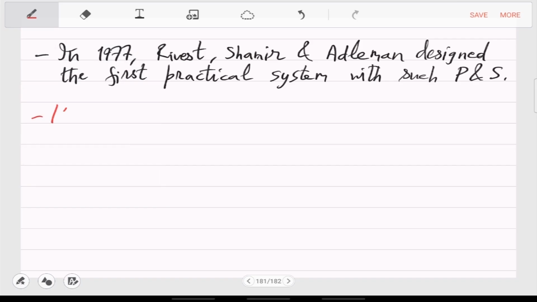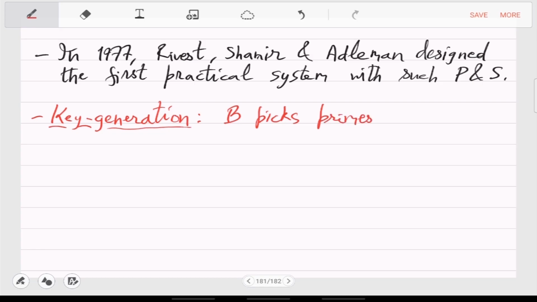So first is the key generation step. How does the bank come up with the keys? So the bank picks two prime numbers which are quite large. Primes P and Q, which are distinct and they are quite large.